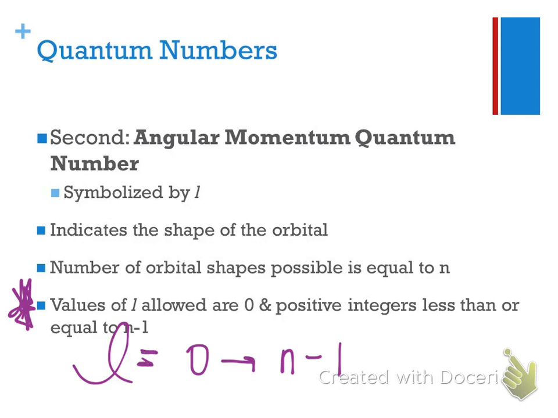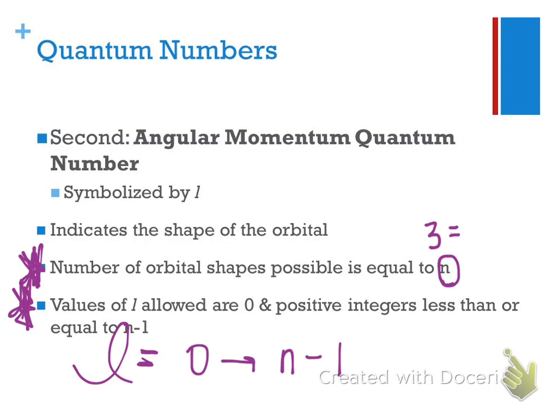The number of possible orbital shapes is equal to n. So if n equals 3, then l could be 3 different shapes. The orbital shape could be 3 different ones.